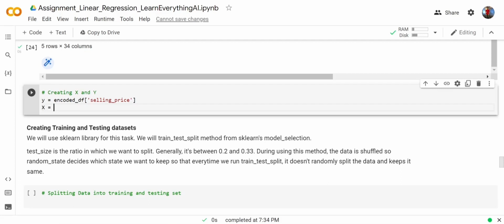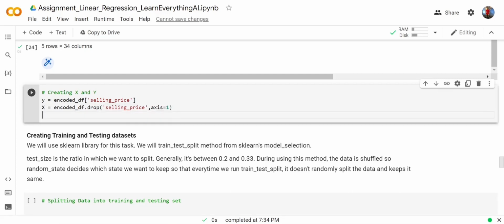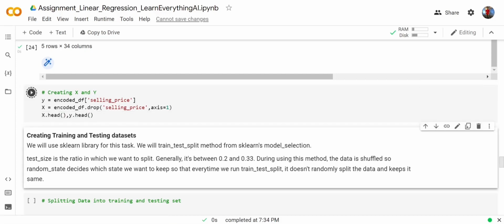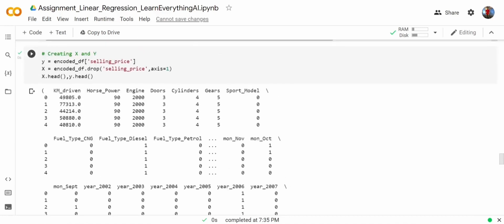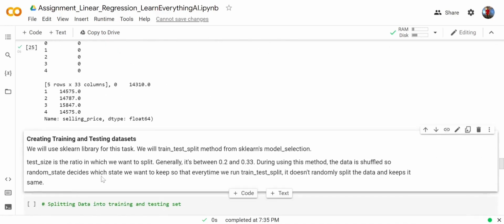And we say x is equal to encoded df dot drop. By dropping the selling price column, we get the following output.